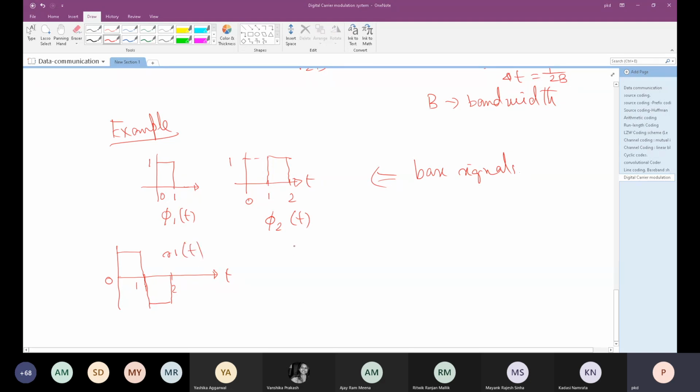Similarly, another signal we have, so this is S2t.